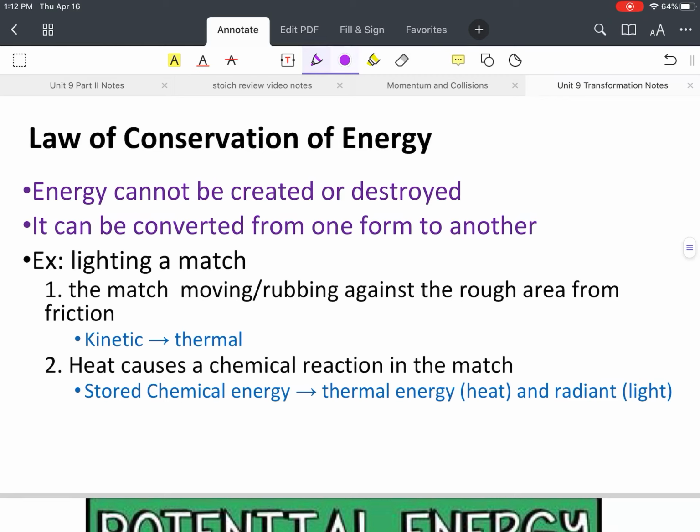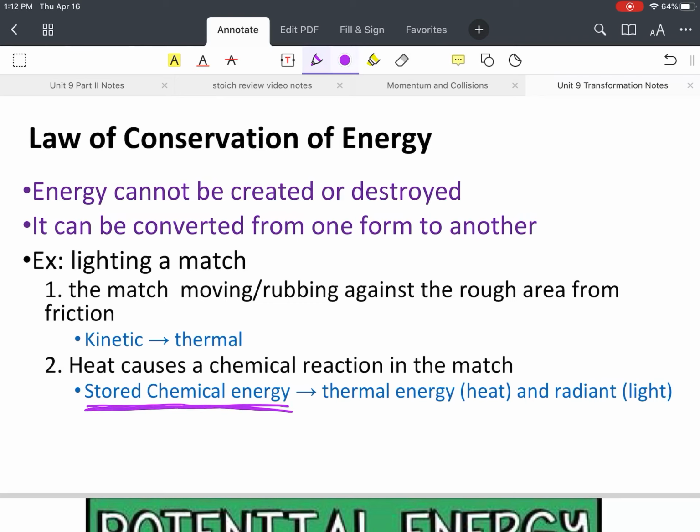So again, here's just the definition. Energy cannot be created or destroyed. It can only be transformed. Okay, so we have an example, lighting a match. There's a couple different transformations here. At the beginning, just that movement, when I'm striking a match, what am I actually doing?